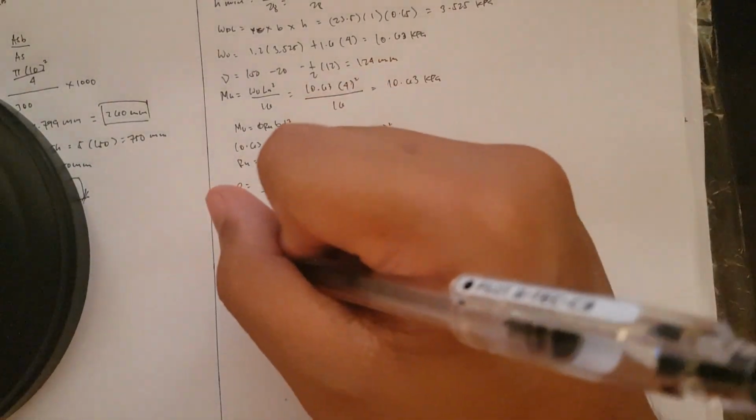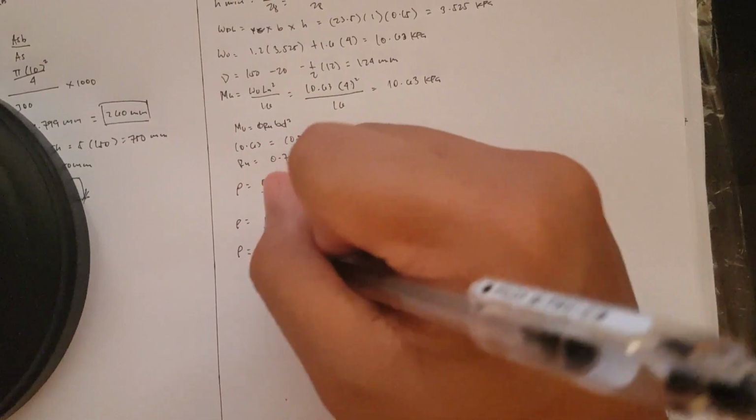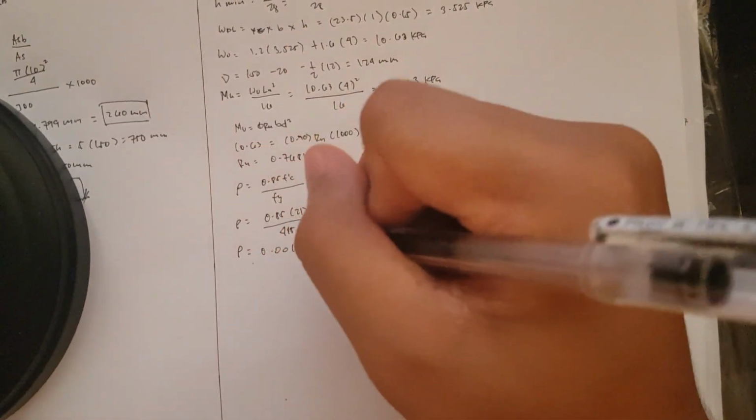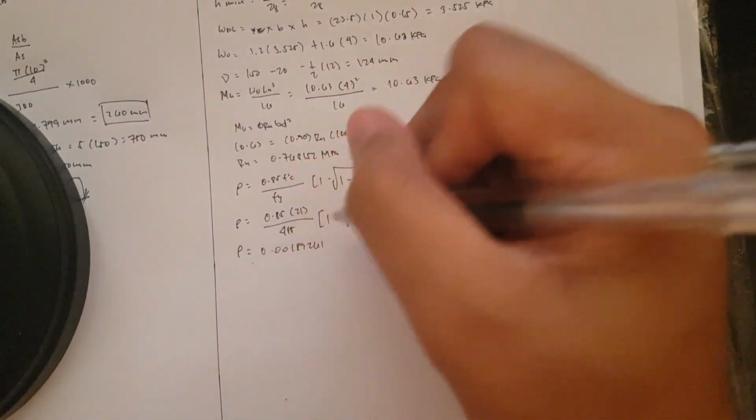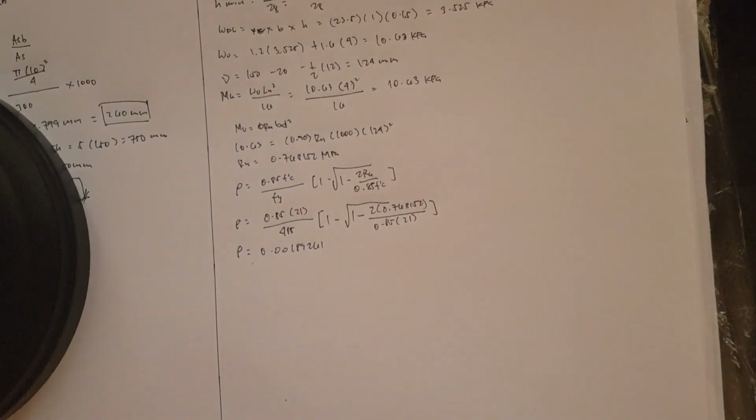Makukuha natin dun is 0.0189261. So ngayon yan yung reinforcement ratio natin.